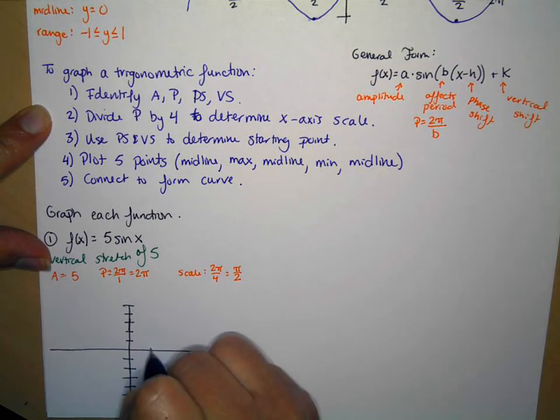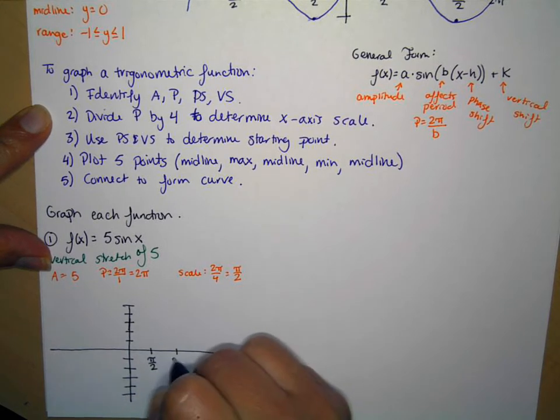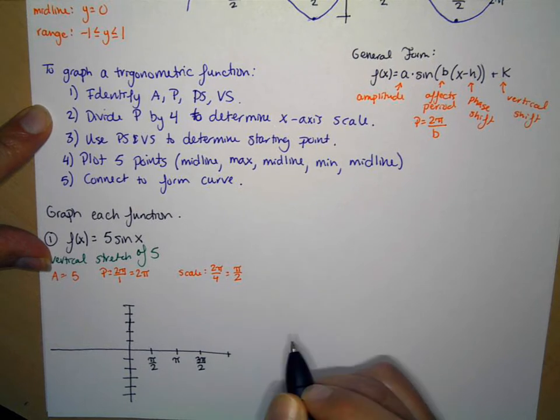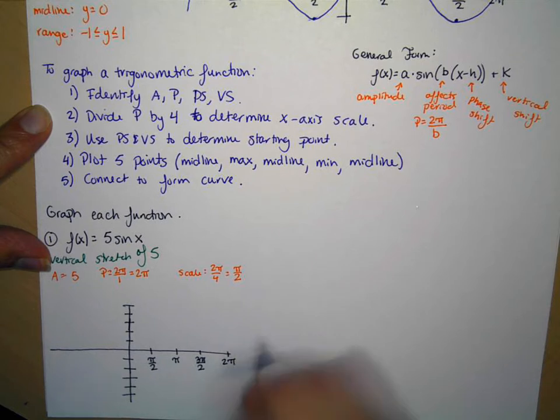So my first mark is 1 pi over 2. My second mark is 2 pi over 2, or that's the same as 1 pi. My third mark is going to be 3 pi over 2. And my next one is going to be 4 pi over 2, where 4 over 2 is the same as 2 whole, so 2 pi.